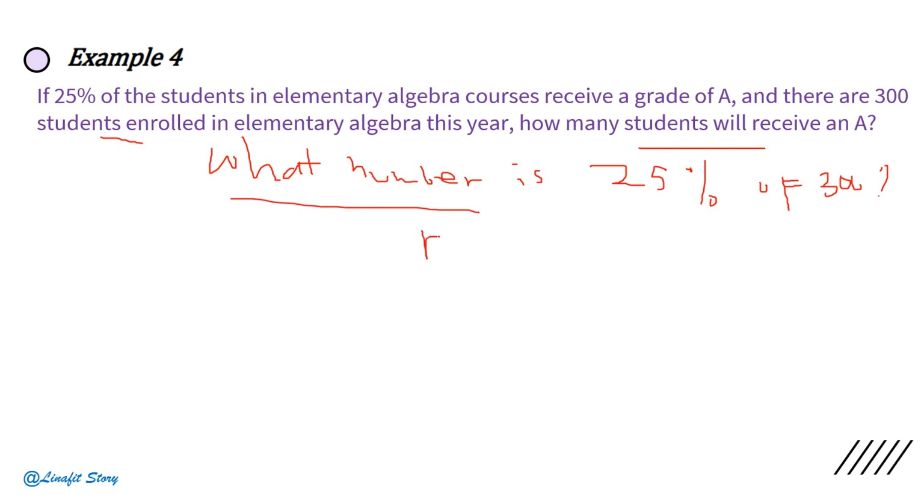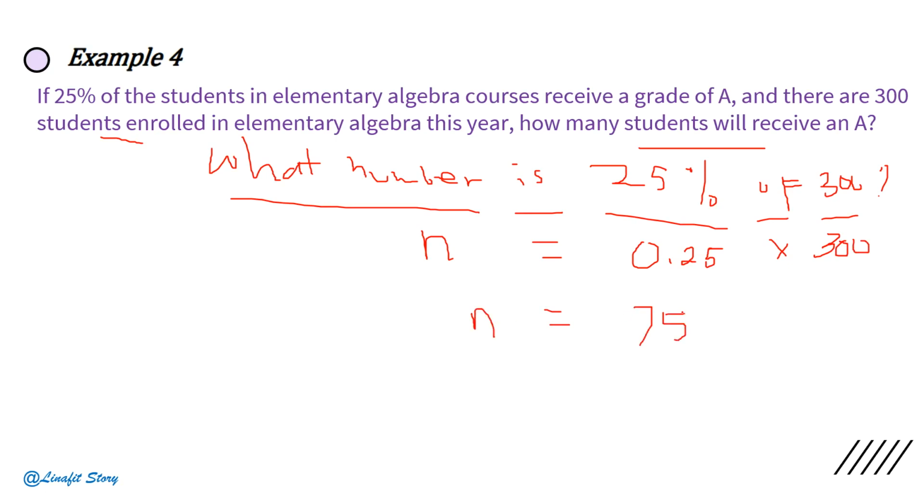So n equals 0.25 times 300. n equals 75. So 75 students will receive A's in elementary algebra.